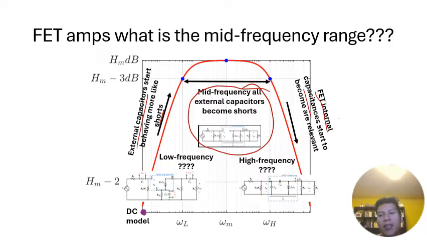And as it turns out, that's not always the case. The subject of this lecture is figuring out at what frequency we can actually start treating the external capacitors as shorts, and at what frequencies we can no longer treat those internal capacitors as open.